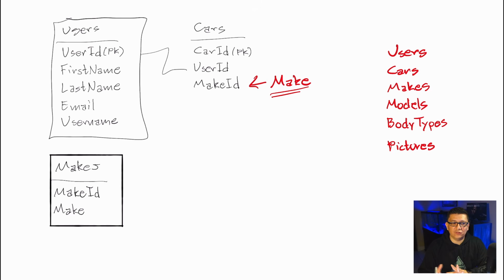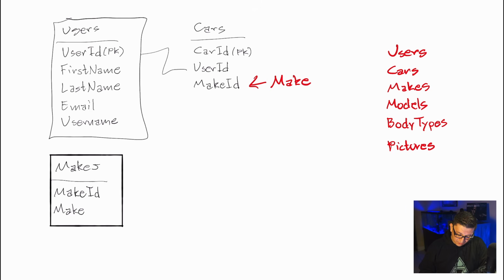Now, going back to the first point, if you have different spellings for a make, when you run a query against the database, you might not know how certain users spelled a make. So you might get incorrect report data when you run a report or a query against the database. That is why I like to break it out into different tables.